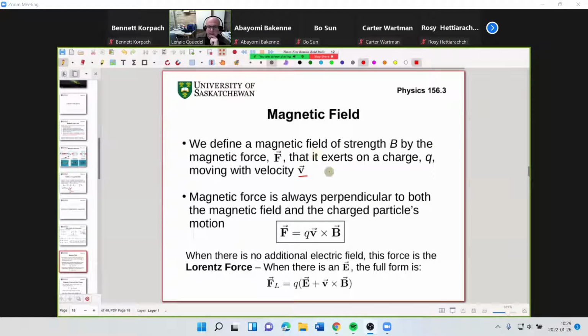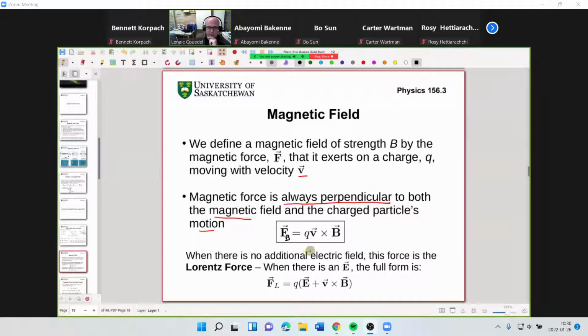Then the magnetic force will always be perpendicular to both the magnetic field and the charged particle motion, and is defined as the magnetic force F, with an index B, equal to Q, so the charge multiplied by the velocity vector, cross product with the magnetic field. Okay, so that's when there is only a magnetic field.